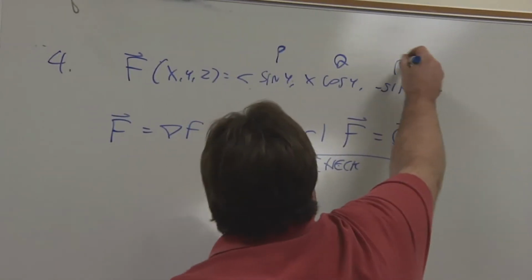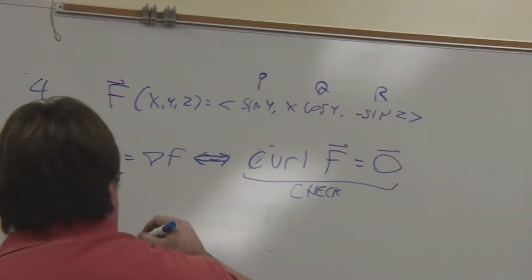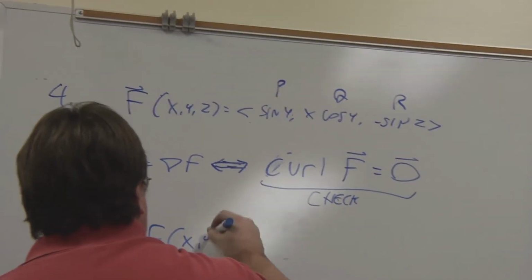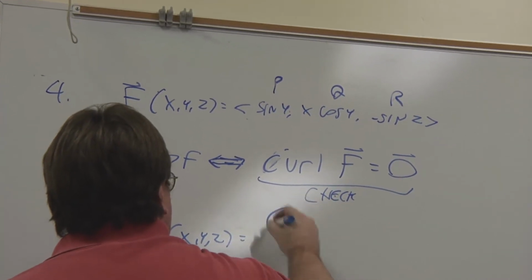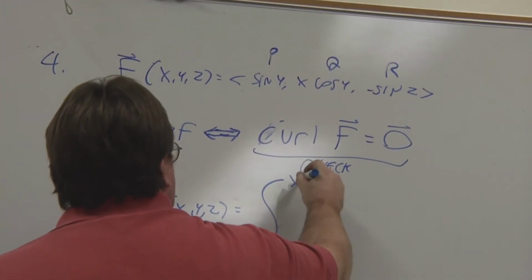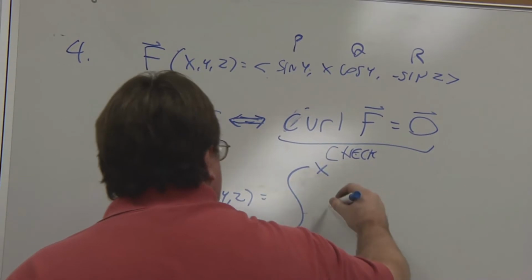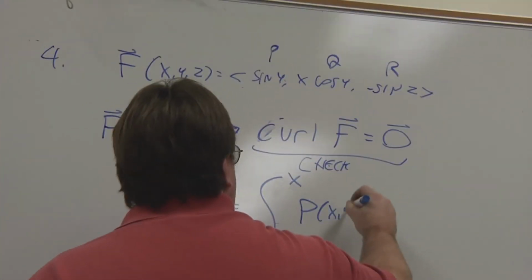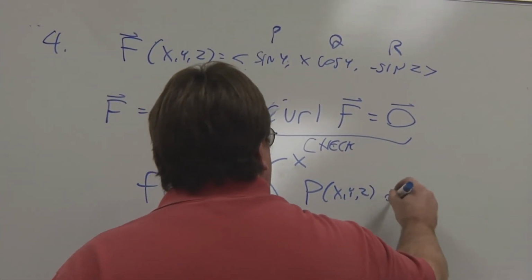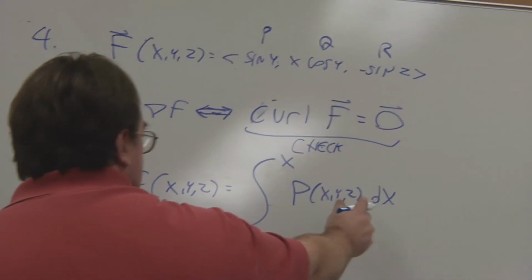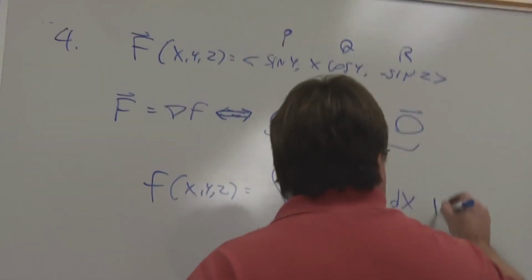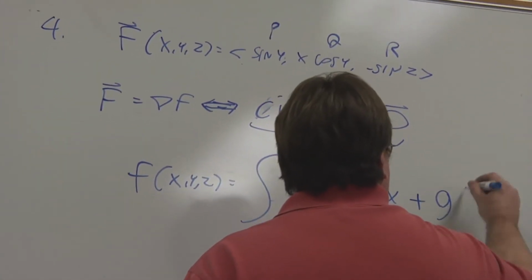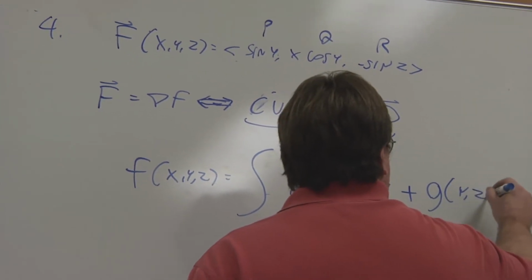When we call this P, Q, and R, that means little f of x, y, z is going to be the antiderivative with respect to x of P of x, y, z, so integrating with respect to x, plus some function that only depends on y and z.